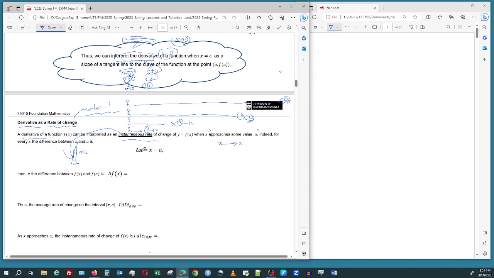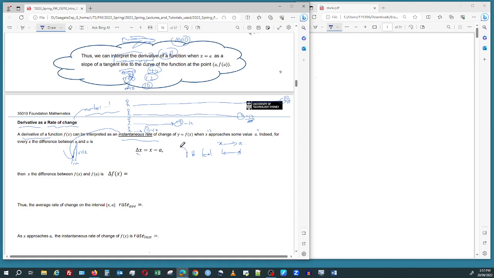All right, so the little delta X is the difference, in other words, it's the distance between X and A. What's the distance between X and A? So the smaller delta X, the smaller the distance. And we can be absurd here and make them incredibly small, almost so you can't see them.